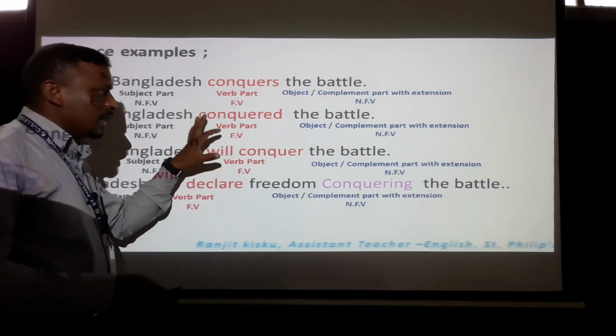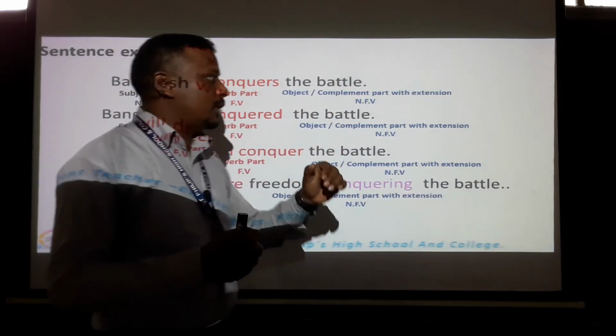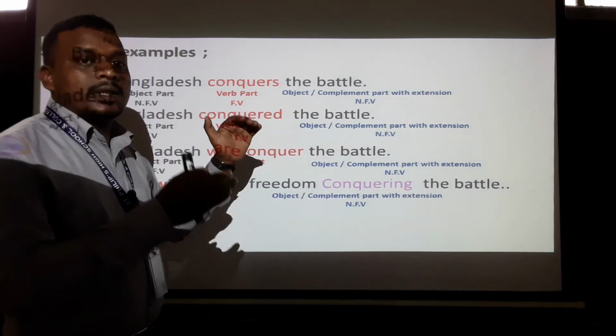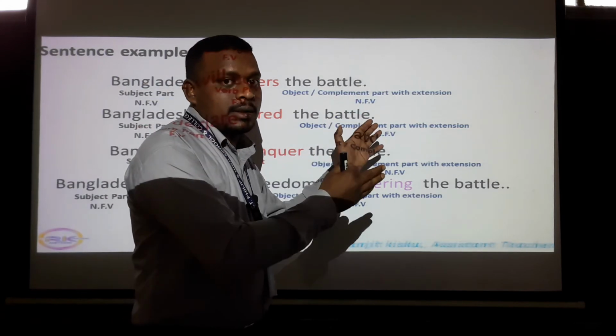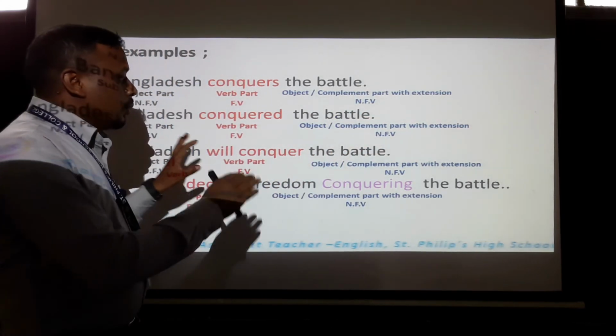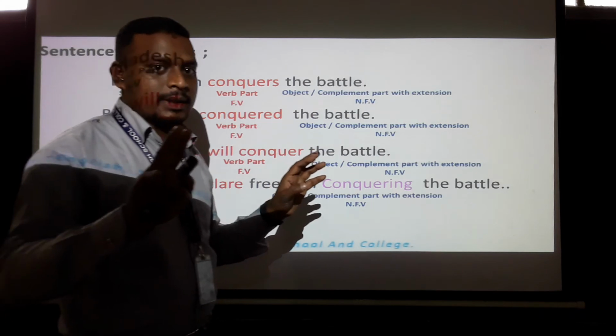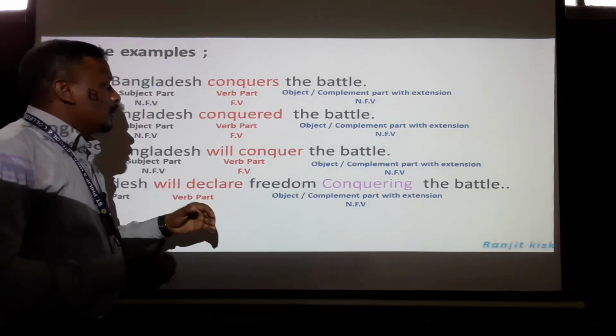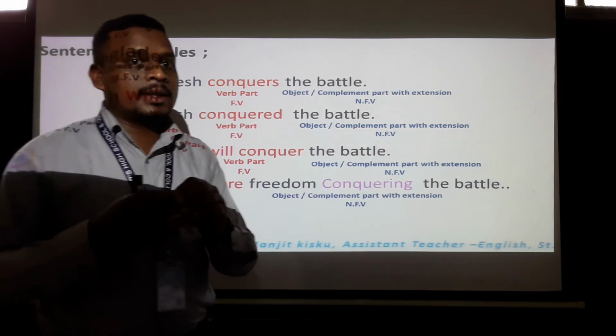Okay. So, dear learners, I hope you understood the changes of the verb as per tense, voice and subject. Got it? So, we got two types of changes in the subject and object part, and in the verb part we got how many types of changes?